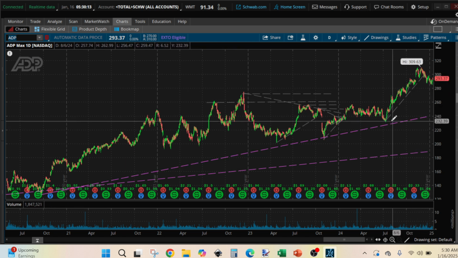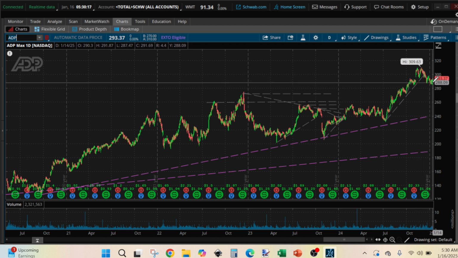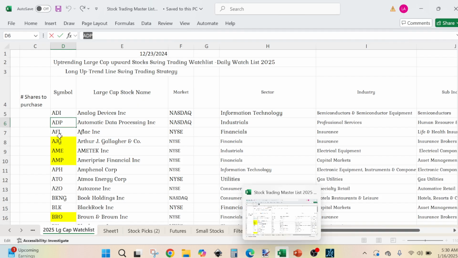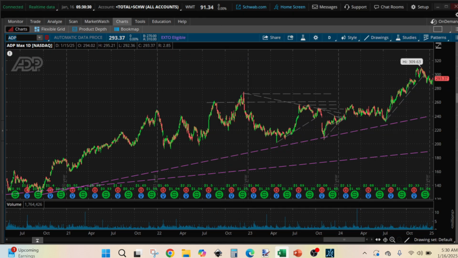So this one, it was following this trend line, and this trend line ended. Now it's going down, but it's still far from where we like to enter. So those purple lines are our entry points. The next one is AFL.